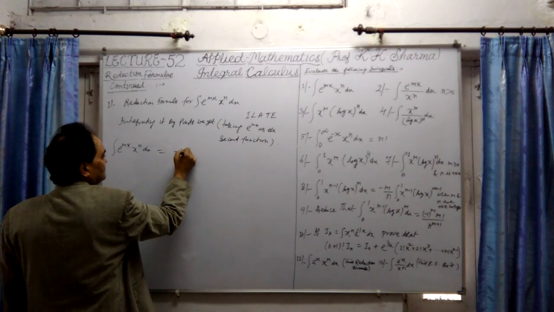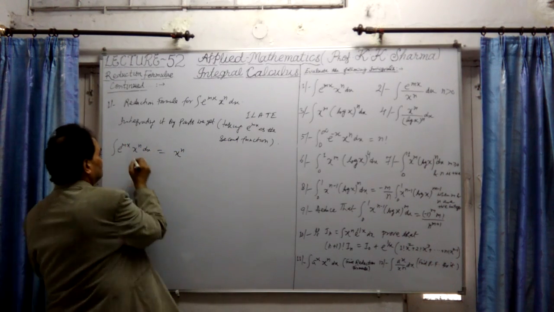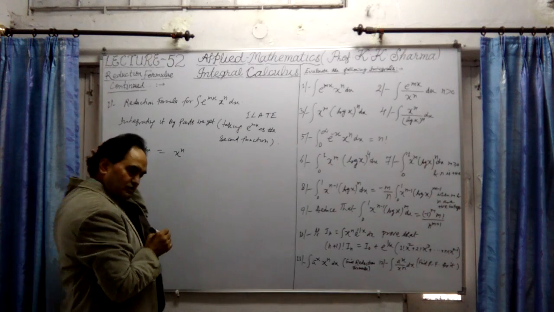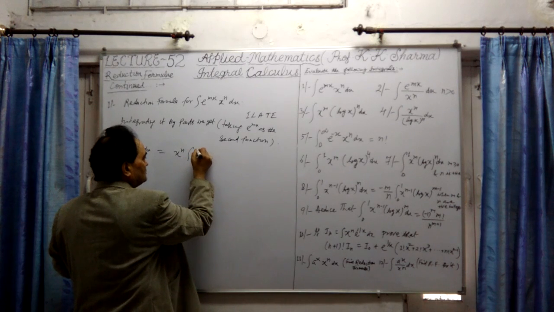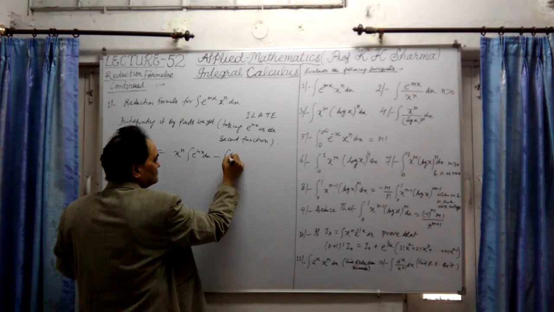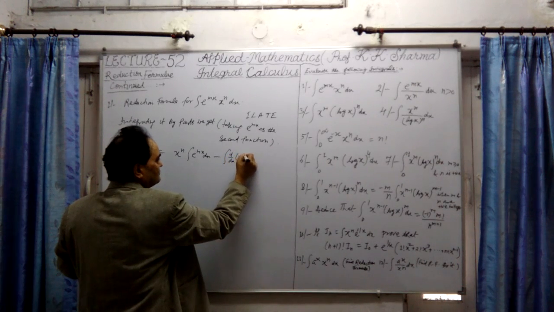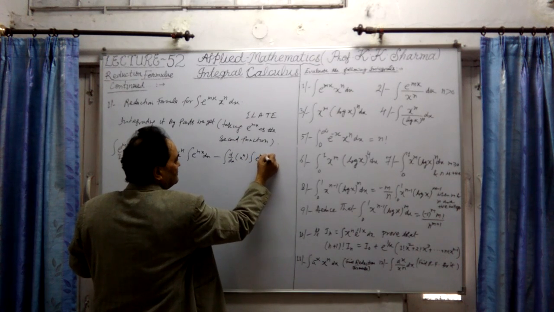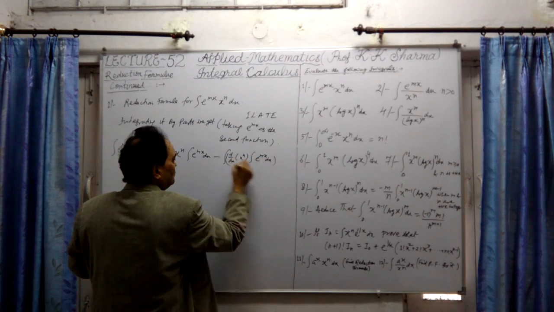Now x^n is the first function and e^(mx) is the second function. Therefore, using the basic formula for the by parts method, we get the integral of e^(mx) dx minus the integral of d/dx of the first function times the integral of the second function, dx.